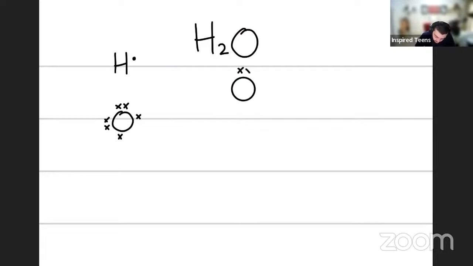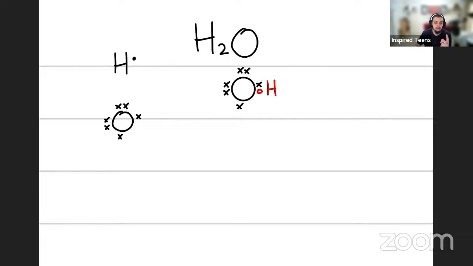Oxygen has 1, 2, 3, 4, 5, 6. Hydrogen comes in and bonds with one of the sides of oxygen.